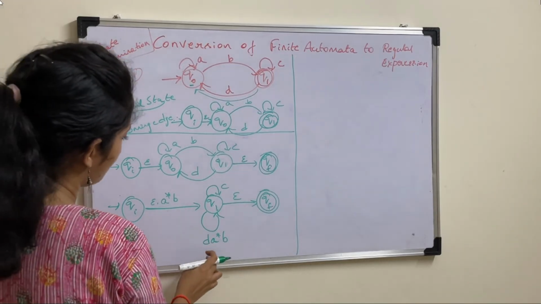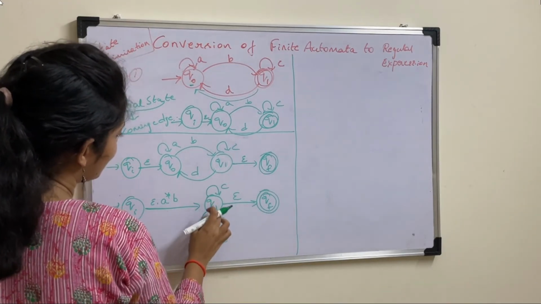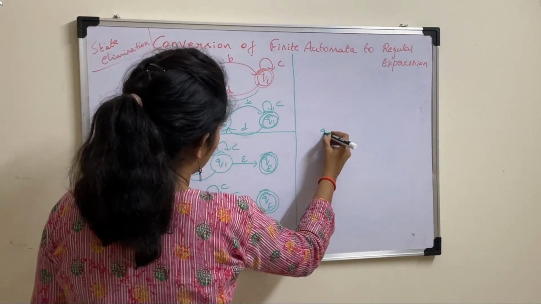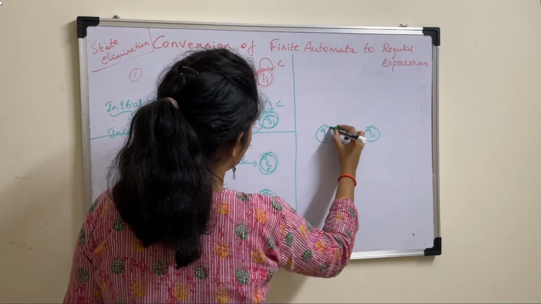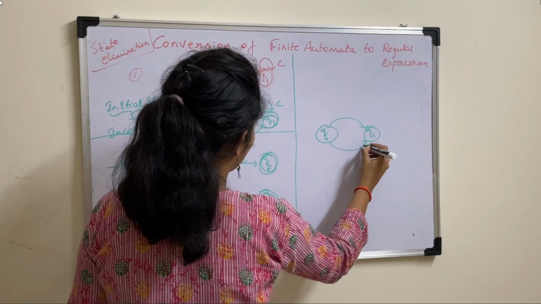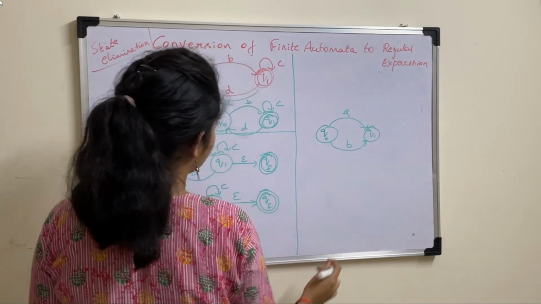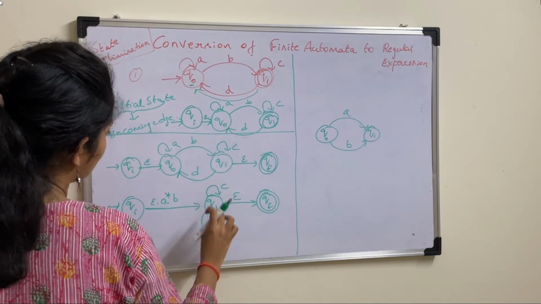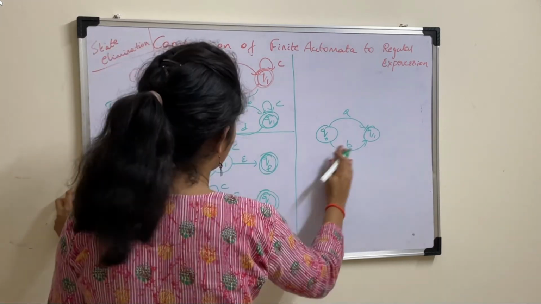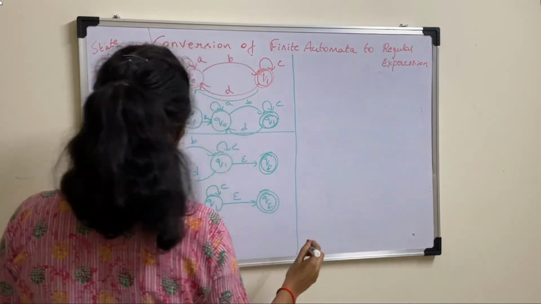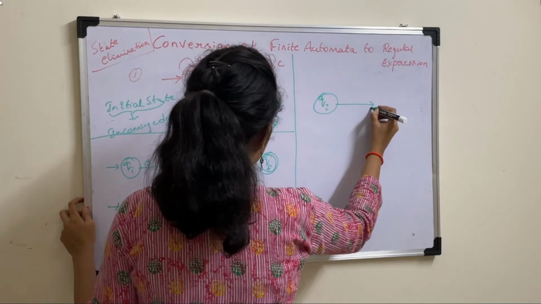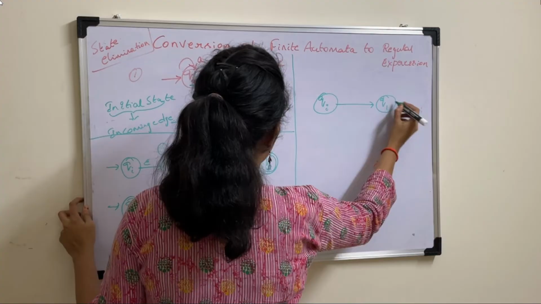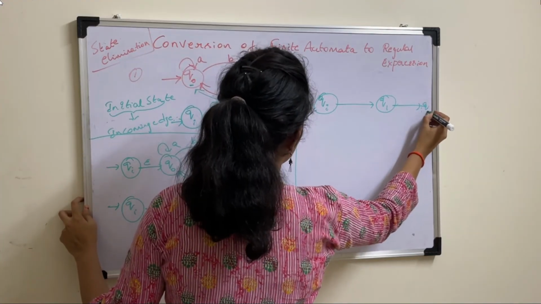Step 4 is, if you have anything like this, I told you, if you have Q0, Q1 in this way, then that is nothing but A plus B. So here you can add both of them. Okay. So let us add both of them. Take Qi, Q1, this is Qf.